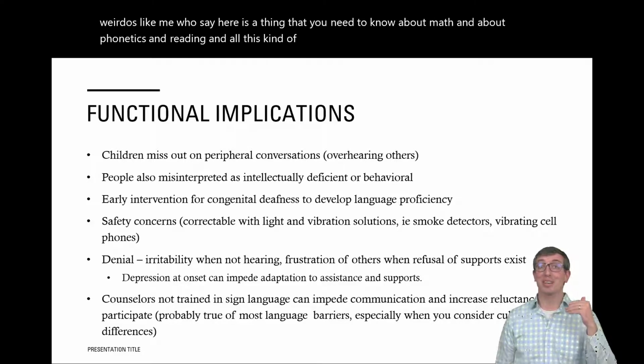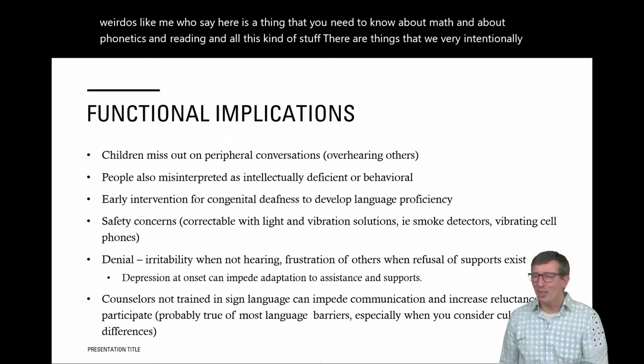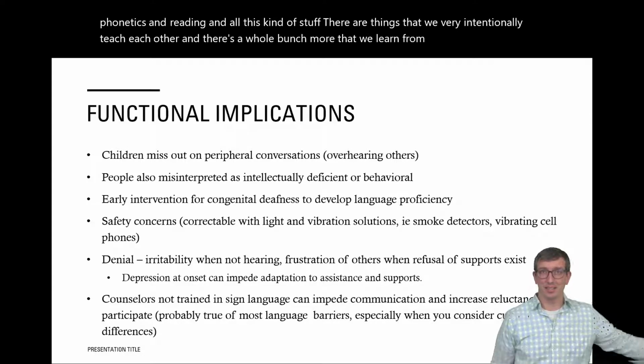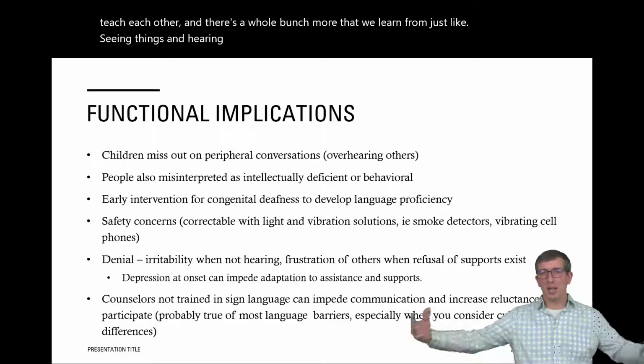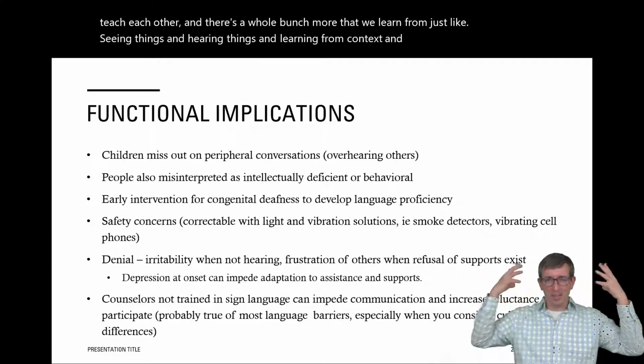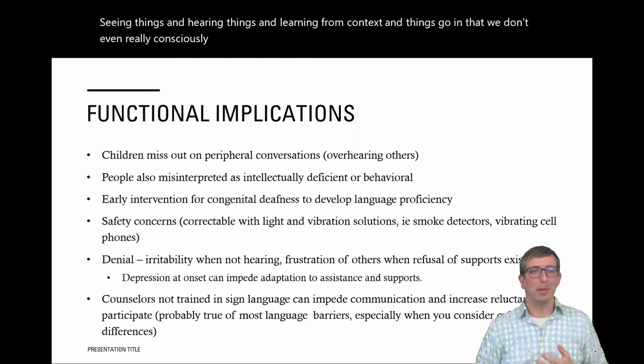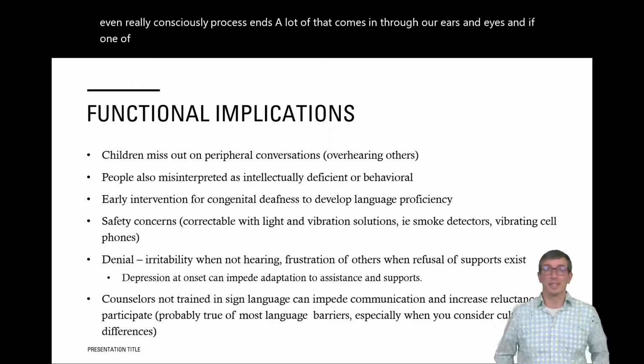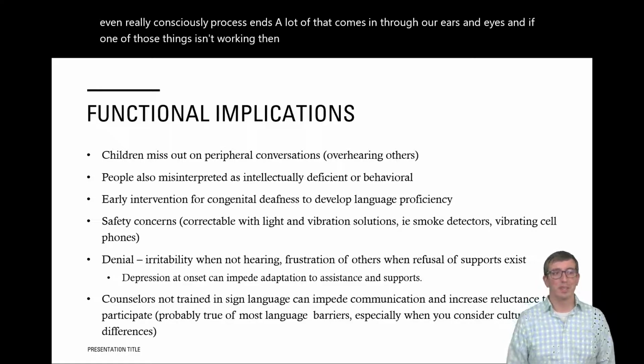There are things that we very intentionally teach each other, and there's a whole bunch more that we learn from just seeing things and hearing things and learning from context, and things go in that we don't even really consciously process. And a lot of that comes in through our ears and eyes, and if one of those things isn't working, then we miss out on some of that.